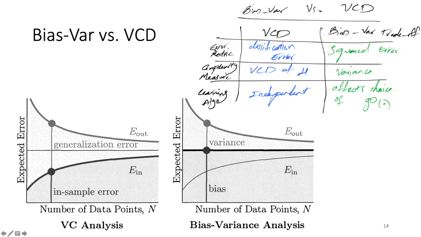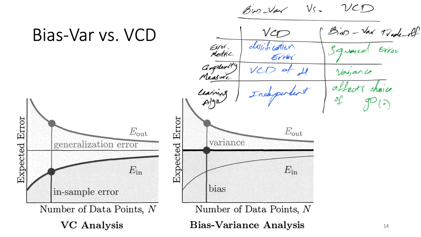So the error metric that VC dimension uses is classification error, right? We saw that. Whereas the error metric that bias-variance uses is basically a square error. You just define your estimate function, you compute it, and a distance between the estimated function and the real function raised to 2, right? The complexity measure that VC dimension uses is exactly the VC dimension of hypothesis.